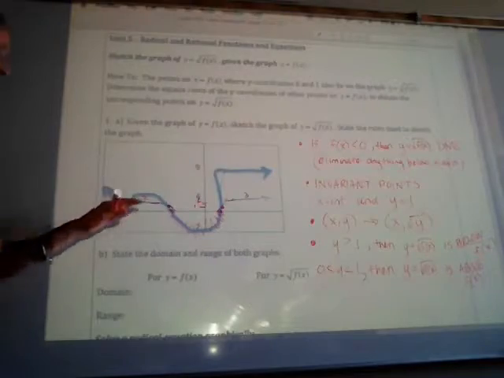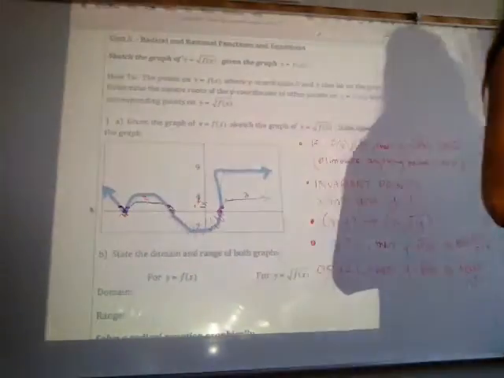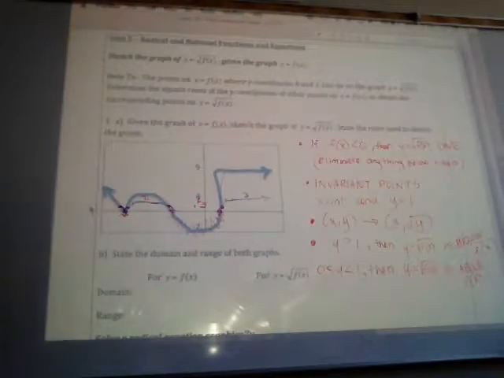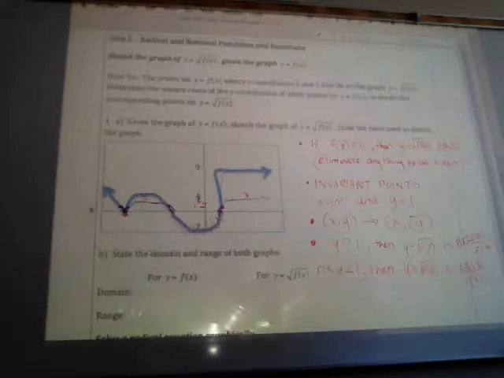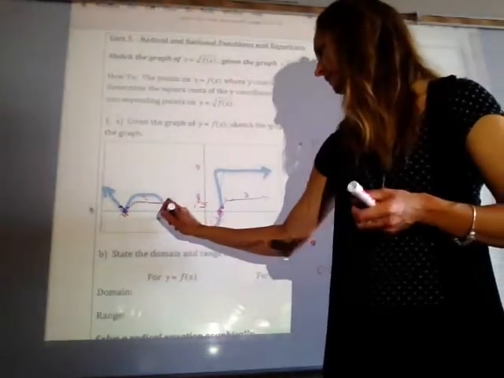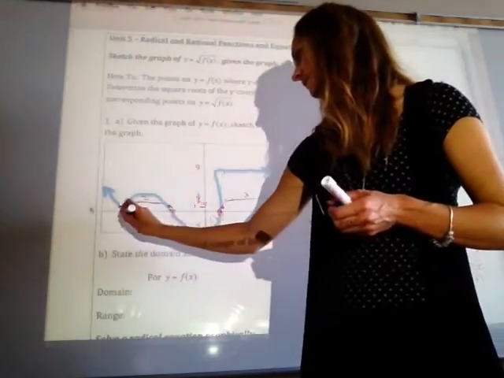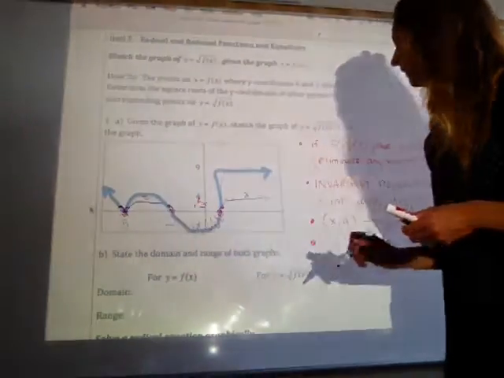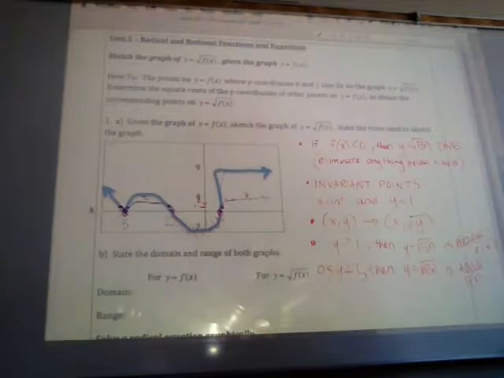So I might just skip stating the domain and range of the original graph. Let's just state the domain and range of the new graph. Okay, so domain. I'm just going to put a few points here. Okay, what's the domain of this graph, this new radical function?